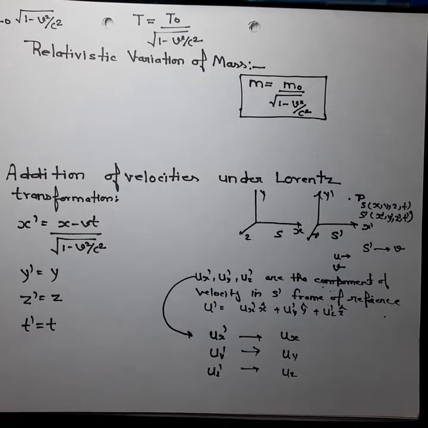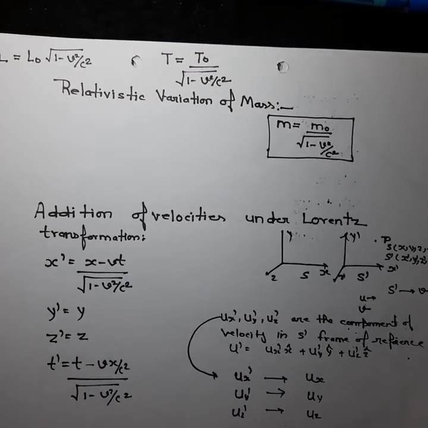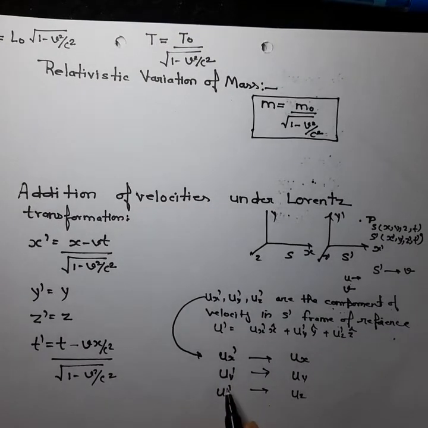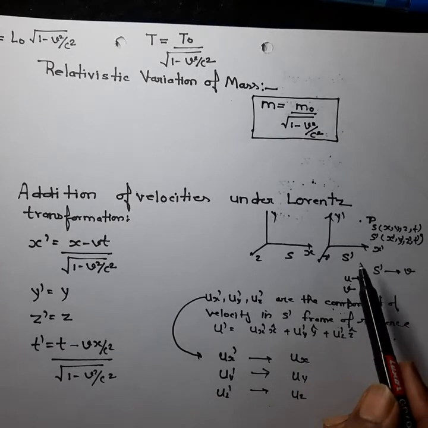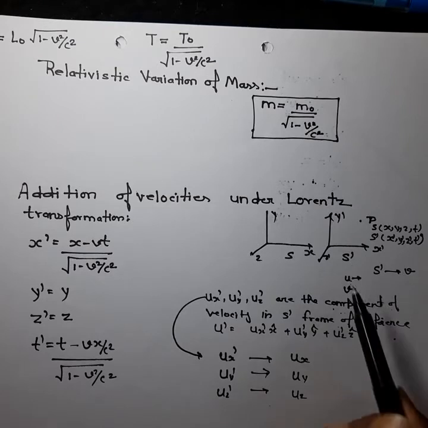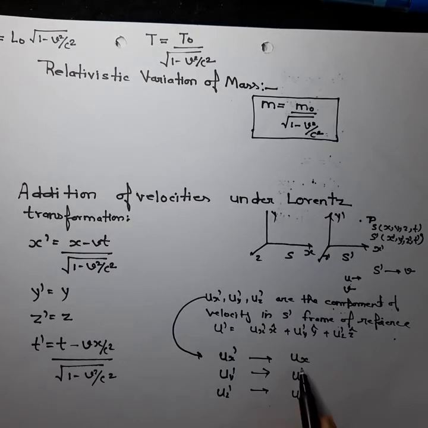So we will use these equations. ux dash, uy dash, uz dash are the velocity components of a body in the S dash frame of reference. Then their corresponding components will be ux, uy, uz in the S frame of reference.